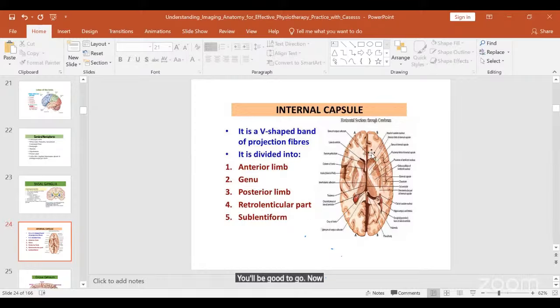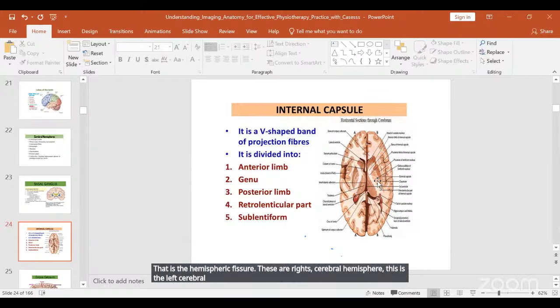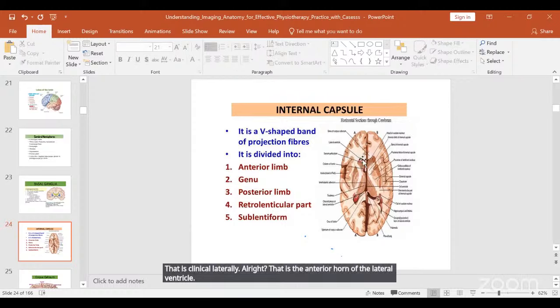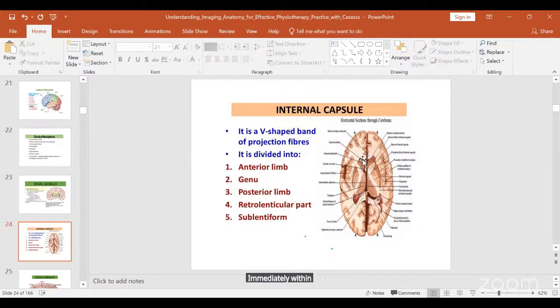Now look at it. That is the interhemispheric fissure. This is the right cerebral hemisphere. This is the left cerebral hemisphere. So basically what we have here is somewhat what we have here. Now, in between, there is a cystic pouch that is concave laterally. That is the anterior horn of the lateral ventricle. Immediately within that concavity is the head of the caudate nucleus.